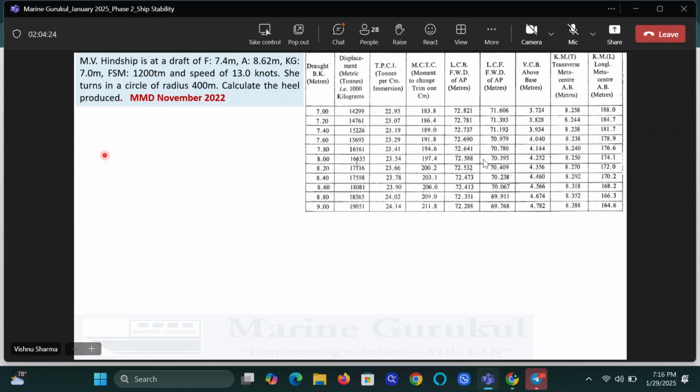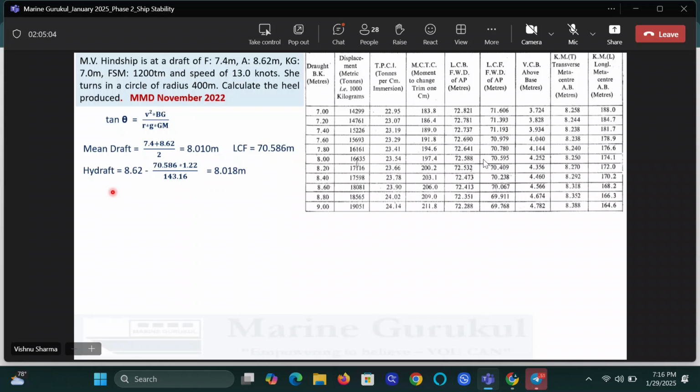What else do we need? We need KM for GM. So we'll need to interpolate some particulars. So can you please find out the hydrostatic draft for 7.4 and 8.62? Particulars are on display, guys. Is it 8.018?